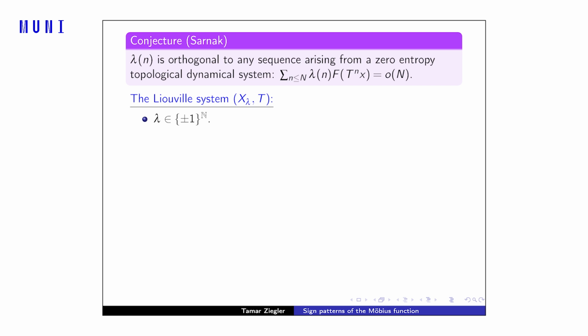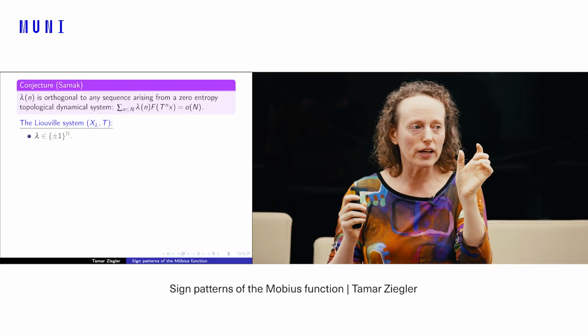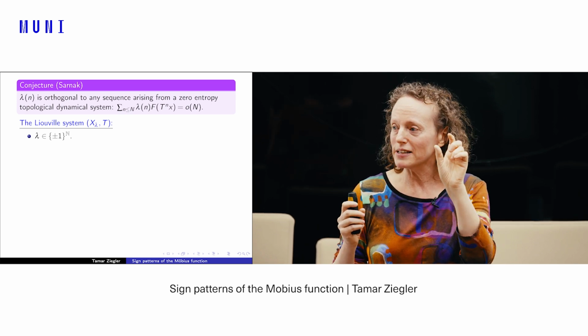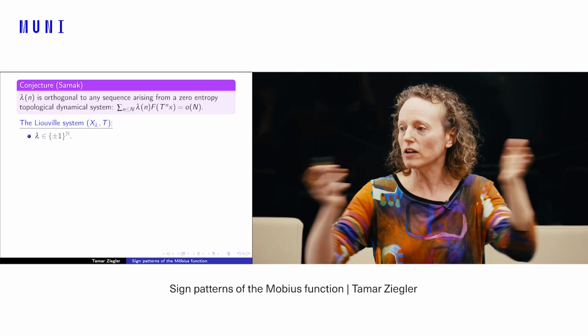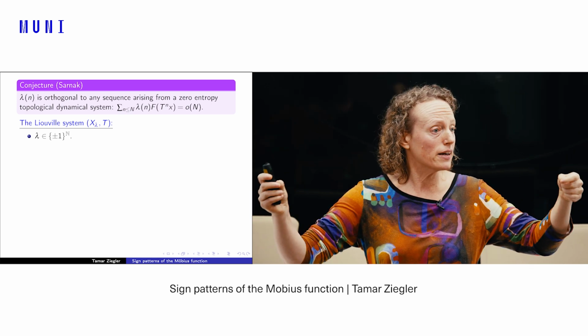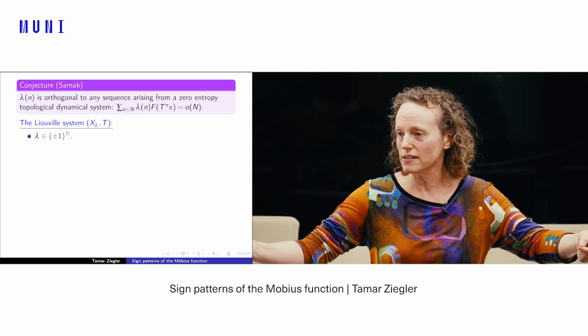Remember the sequence lambda, it takes plus or minus 1 values. So instead of looking at the sequence space {0,1}^N, I can look at the sequence space {-1,1}^N, that's all sequences of plus and minus 1. So lambda is just a point in this space.